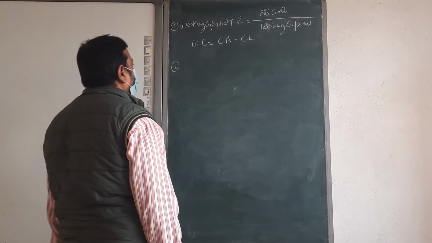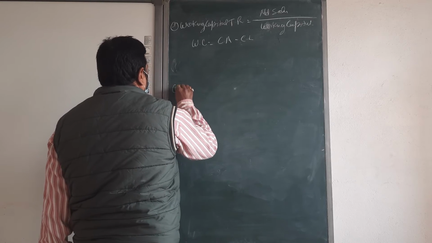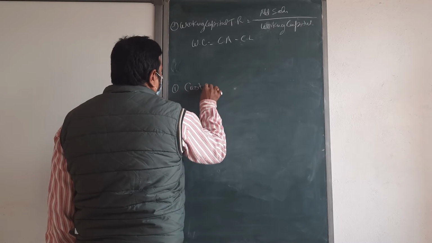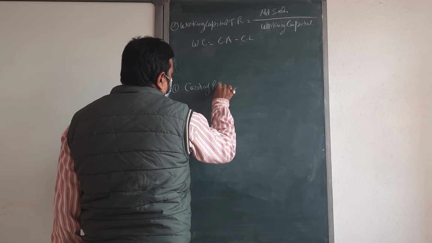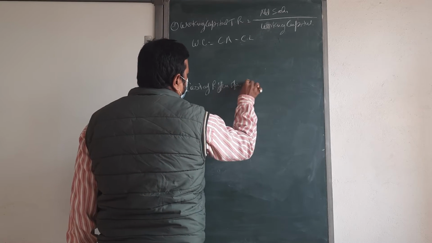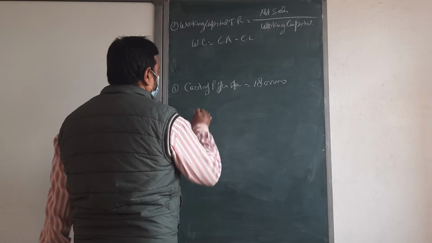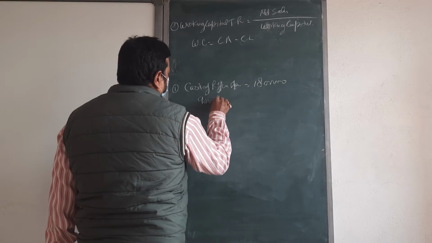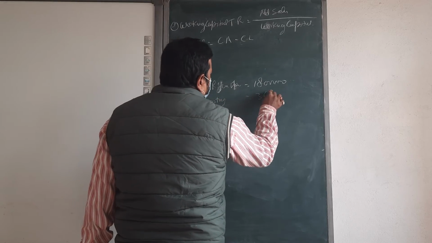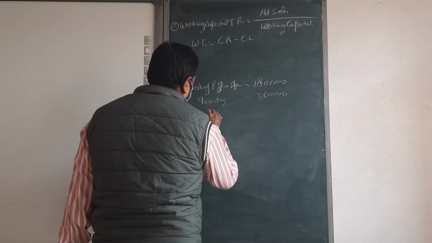Calculate working capital turnover ratio from the following. Cost of revenue from operation 18 lakh. Next, inventory 3,60,000. Trade receivable 1,70,000.